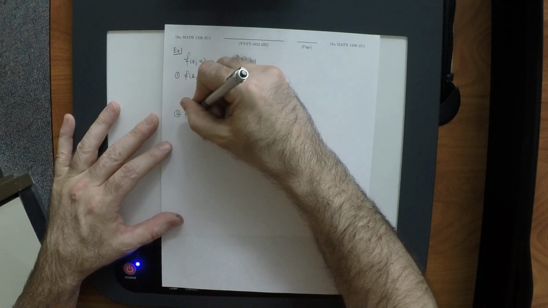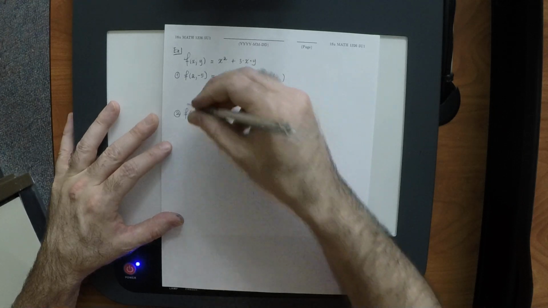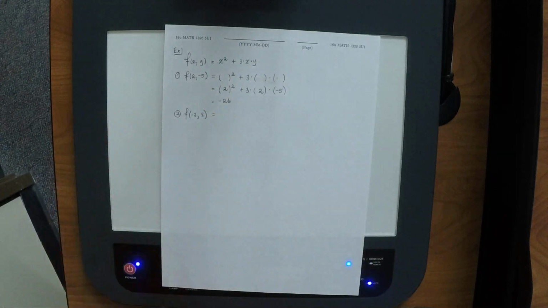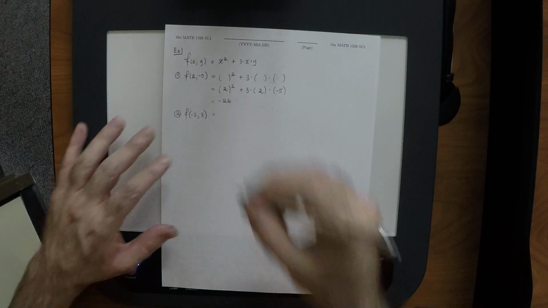So f of negative 3, comma, it doesn't matter, 8. So now I'm going to write something, but in fact, it's incorrect. And I see students do this a great deal, very often.